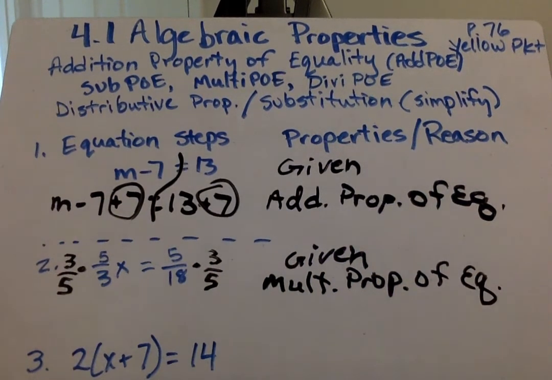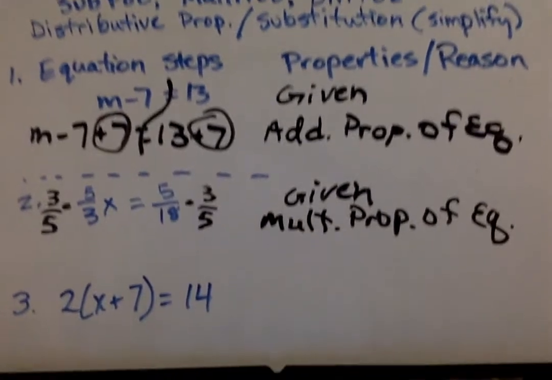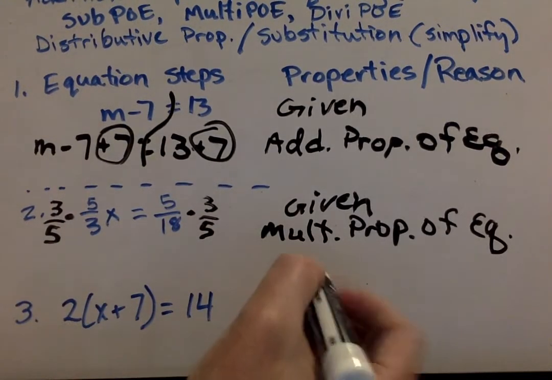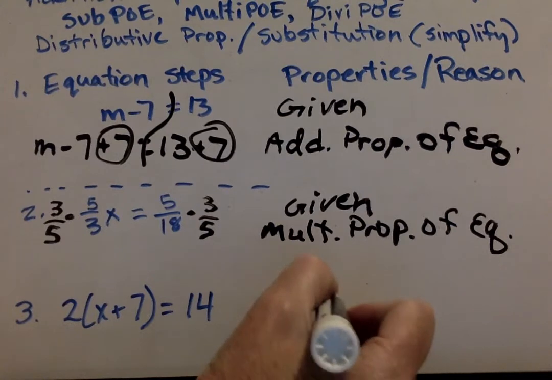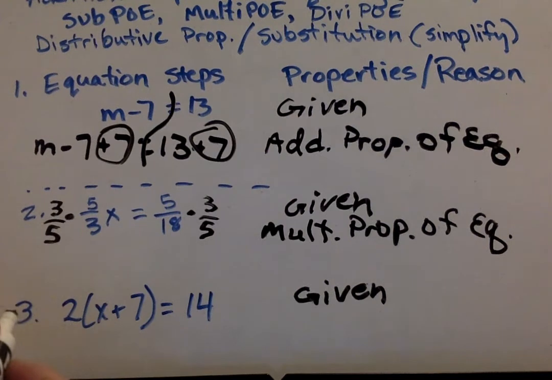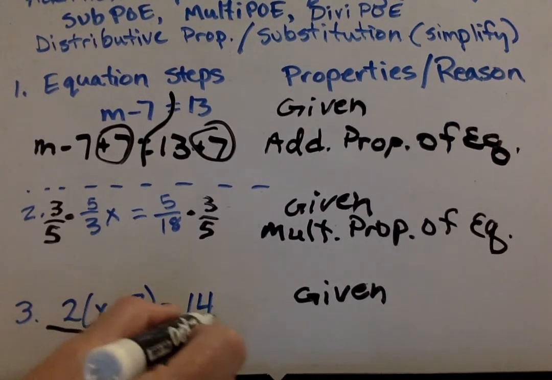Okay, next, right here, what do we write first? Correct, it's given. Next, to solve this problem, we're going to go ahead and divide by 2 on both sides.